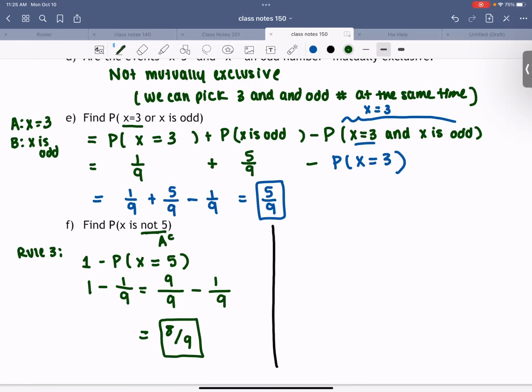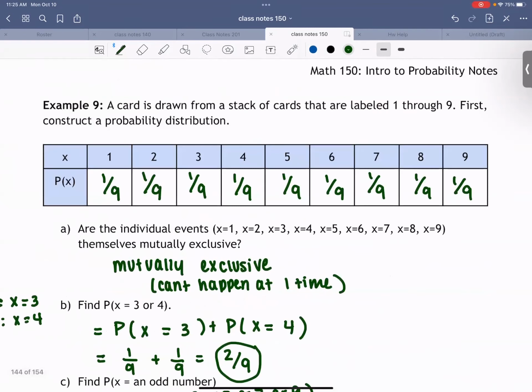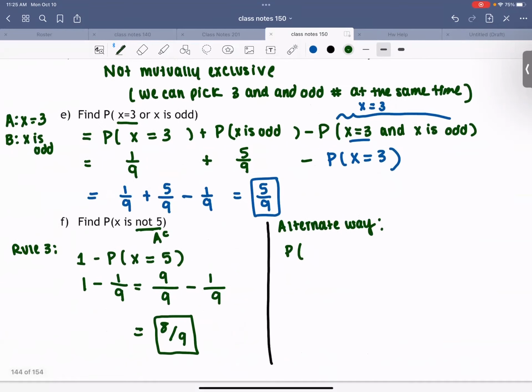Now, there actually is a way to use a different rule here. And let me show you how to do this, okay? So this is an alternate method. We can rewrite X is not 5, right? Another way of saying that X isn't 5, well, there's all these numbers that aren't 5.